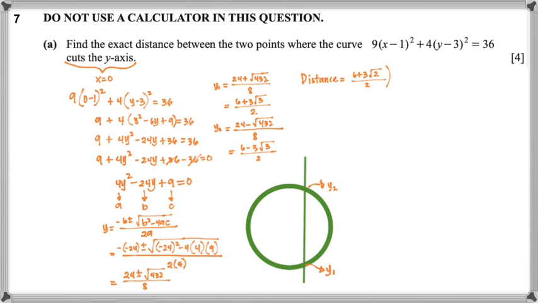Subtract this from 6 minus 3 square root of 3 over 2. Plug this in your calculator and we'll get 3 square root of 3. And that's the distance between the 2 points where the curve cuts the y-axis.